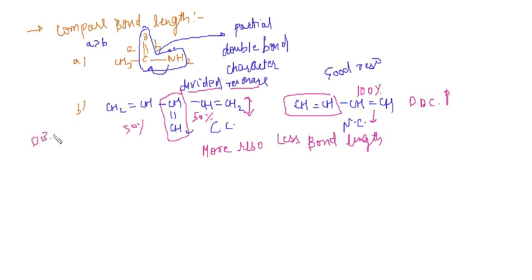Where double bond character is less, the bond length will be more. That's why we compare to find where the bond length is more.